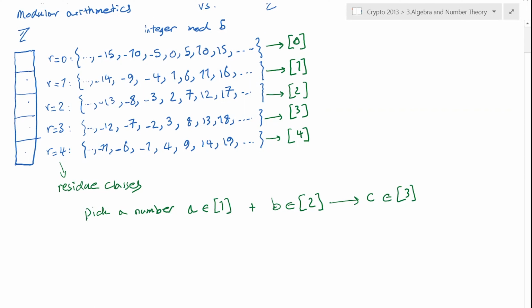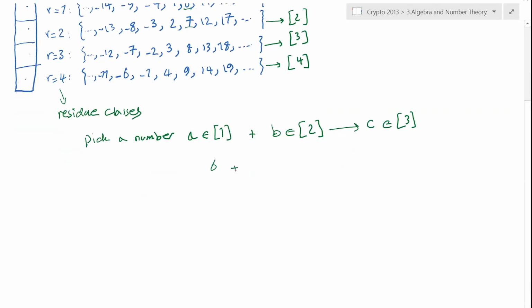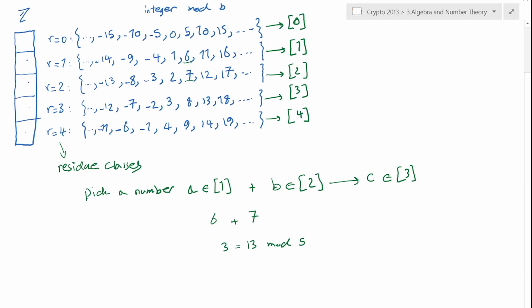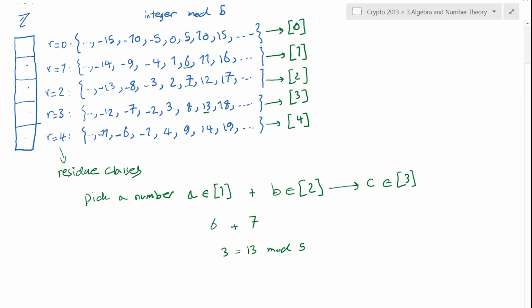Take an integer from residue class 1, say 6, and another integer from residue class 2, say 7. Then 6 plus 7 is 13, and mod 5 that is 3. You see that 13 is in the group of 3, so we go back and write 3, because it is one of the elements in this residue class.